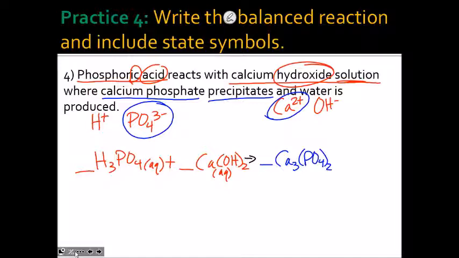What's that powdery crystalline stuff? If it's powdery, what phase of matter is it in? It's a solid. Precipitation results in giving you a solid. All right, so there's that one. And then our last thing, which is pretty easy, is water. And water at room temperature is always a liquid.